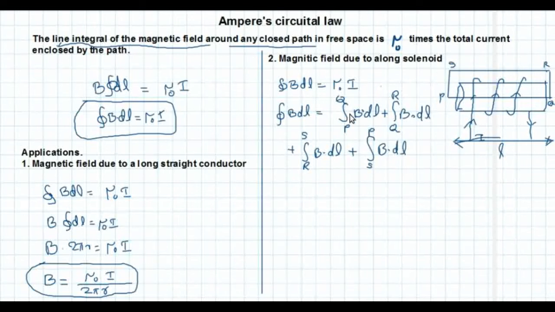So this way we can decompose the closed path dl. Now what is the value of integral B dl from P to Q?